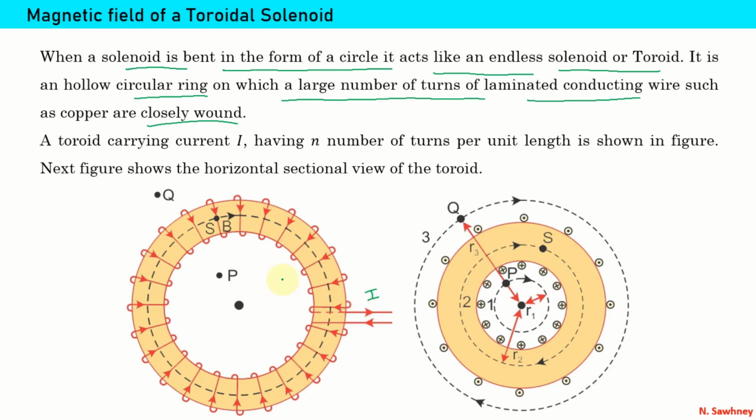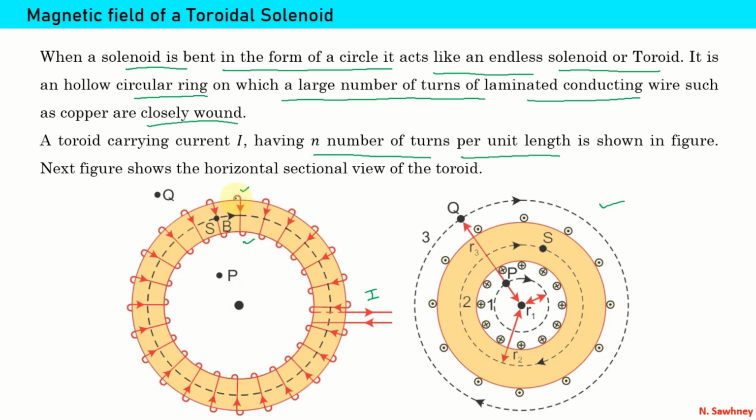This is the representation of a toroid, that is, a solenoid bent in the form of a circle, and let n be the number of turns per unit length. Now this figure is the sectional view of the toroid. If you look carefully, the current is from top to bottom.